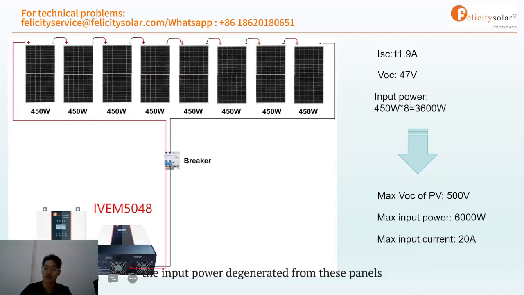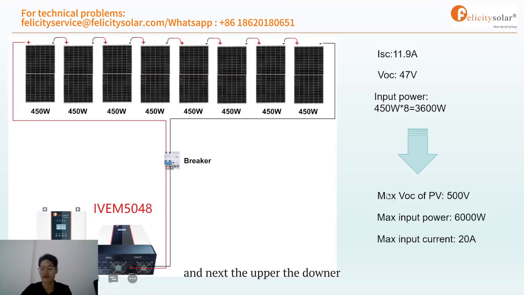And we can calculate the input power. The max input power generated from these panels is 450 times 8, that's 3,600 watt. That's the max power these panels can generate.